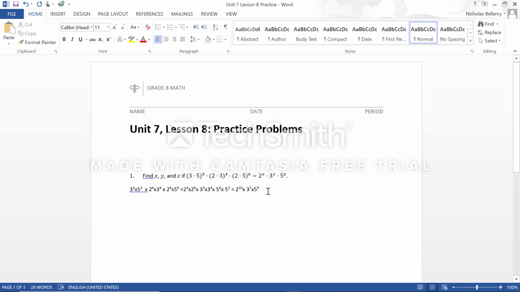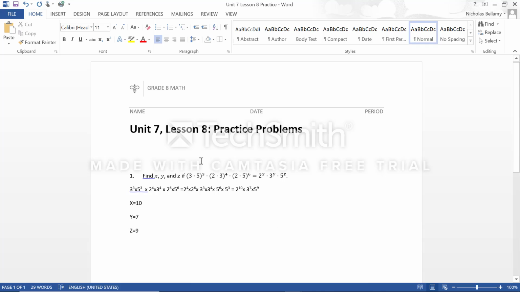Hope so. So we can see that now. x equals 10, y equals 7, z equals 9. And if you do this problem, I'd actually like you to do it like this, so it shows me that you know how you actually found out what x, y, and z are.